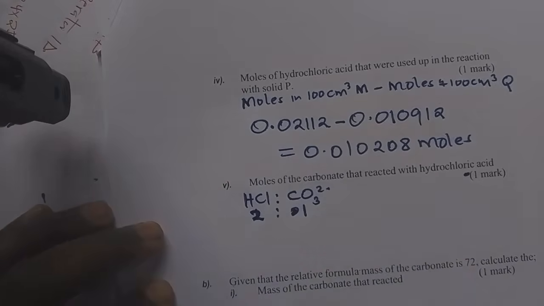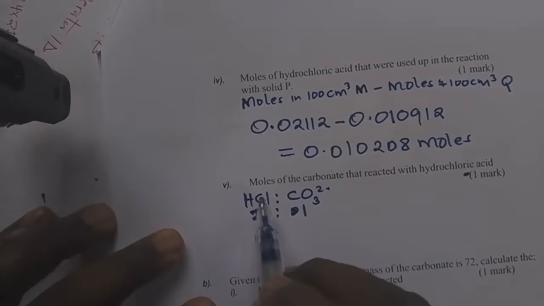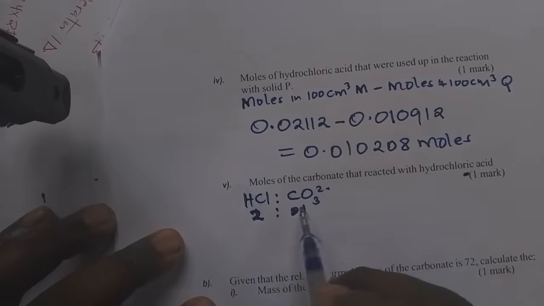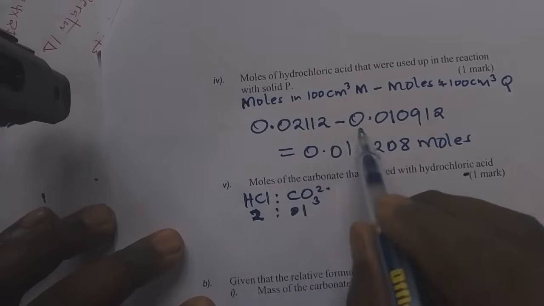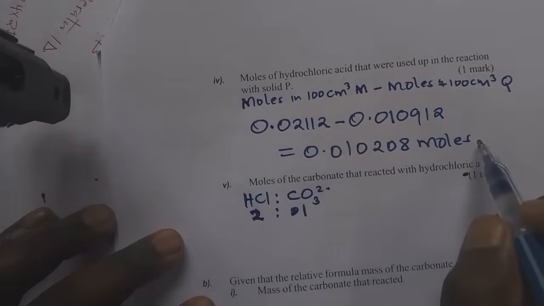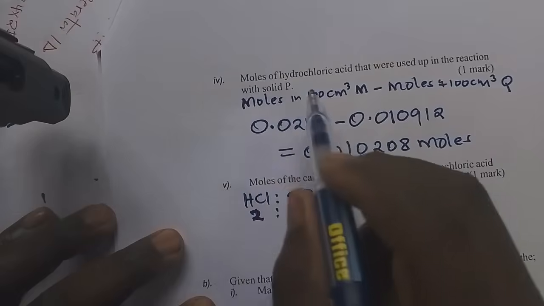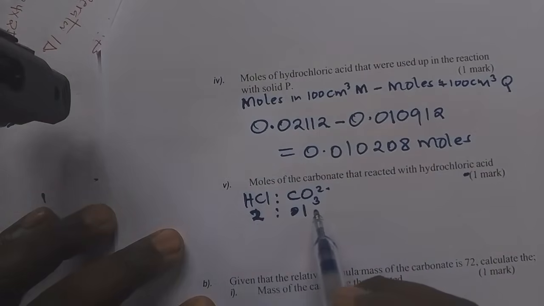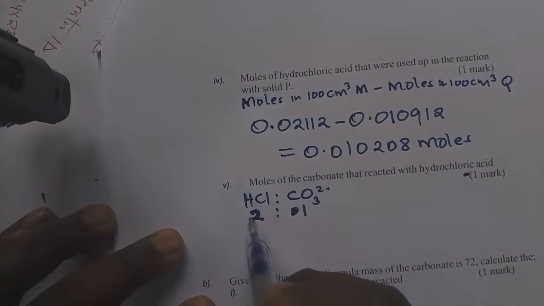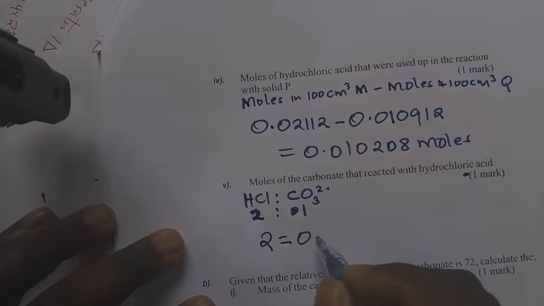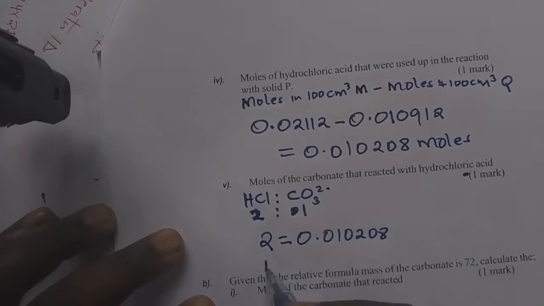Now that we know the number of moles of the HCl that reacted with P, the carbonate, the number of moles of the carbonate is going to be a half of this, because we say 2 is equal to this.